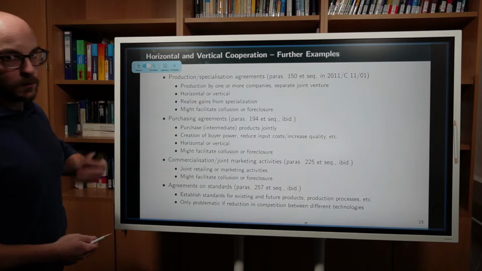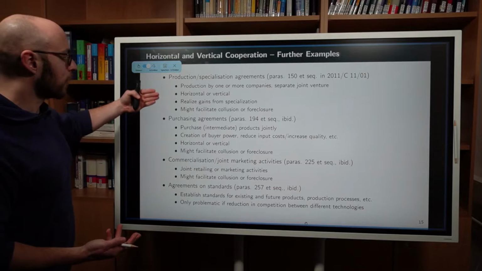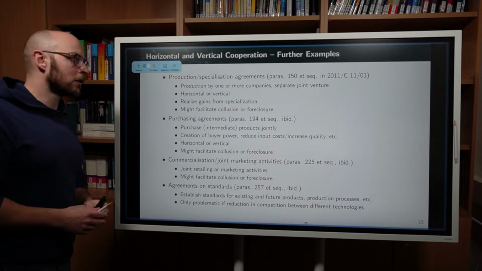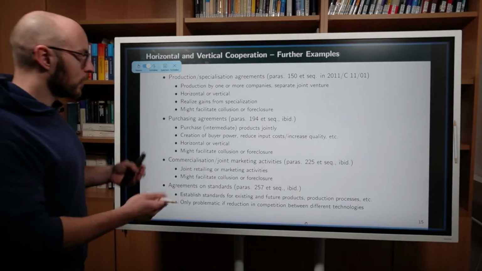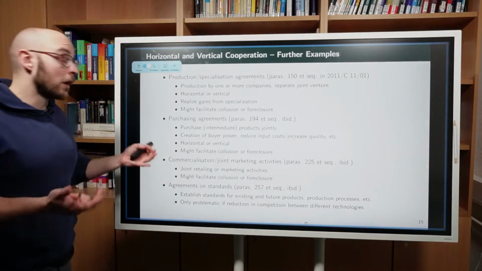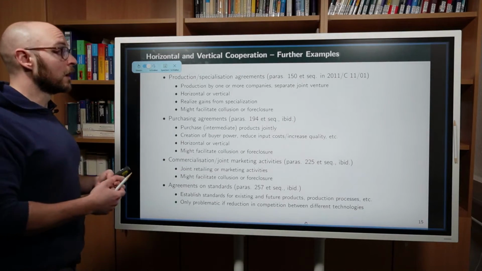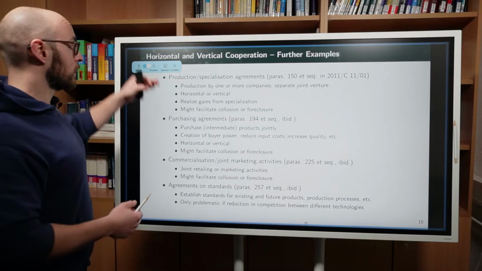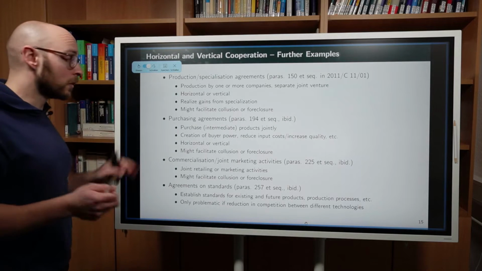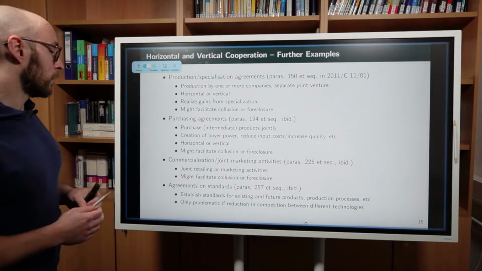That could lead to cost savings overall, but it also might facilitate collusion or foreclosure. So if, for instance, these two firms are not willing to sell to their rivals, then we could have foreclosure effects. If they decide not to only compete on this production level, they could also collude on the price level, so that would be detrimental.